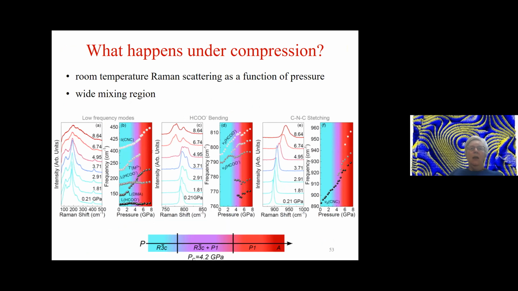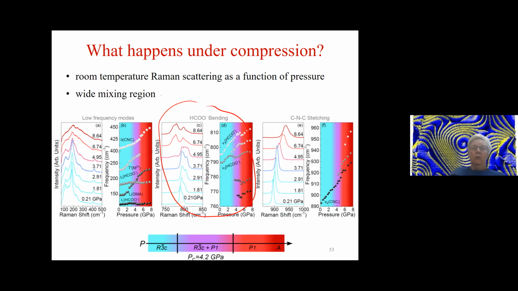So we took a look at what happened to the manganese MOF multiferroic under compression. We always do a full room temperature survey first. This plot summarizes Raman scattering as a function of pressure, and it highlights the behavior of some low frequency modes, the formate bending mode here in the middle, and also the CNC stretching mode at higher frequency.